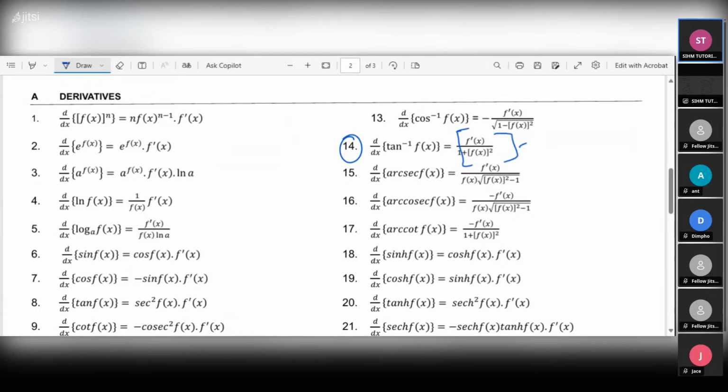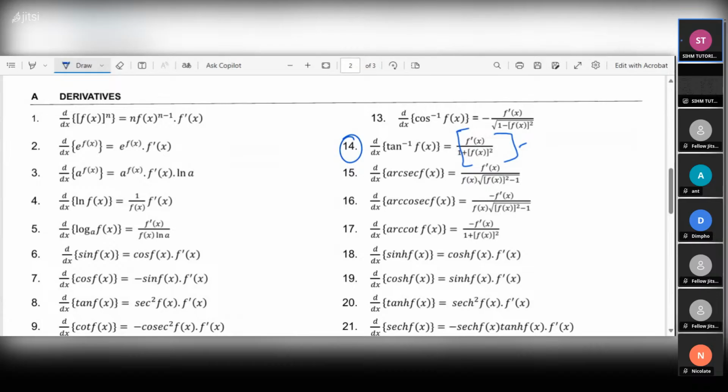So for you to understand this, remember this is your main division. Just put it aside so that you can understand. After that, you have 1 plus, remember, the square of the function, which is going to be x divided by 16 minus x squared, right?